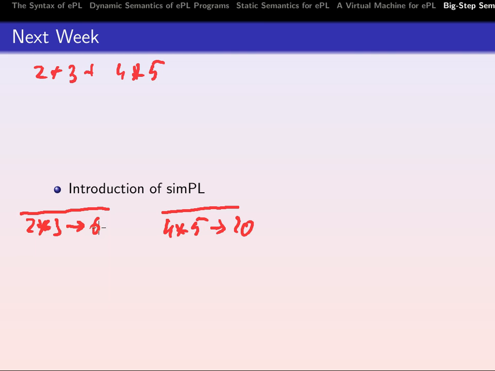Then I have a 6 here, I have a 20 here, so then I can say that 6 plus 20 arrow 26.